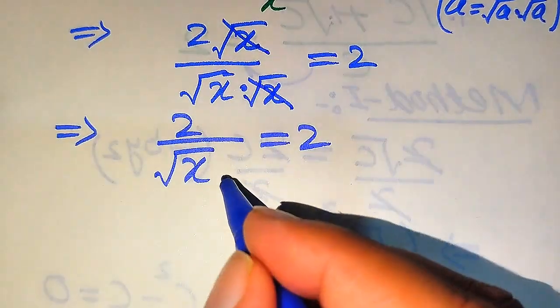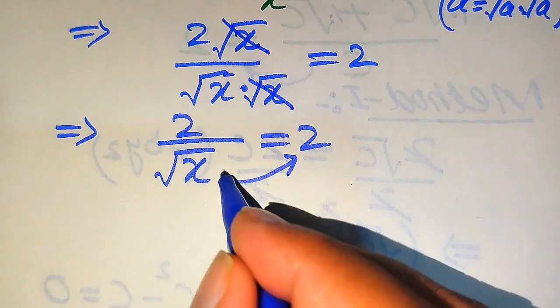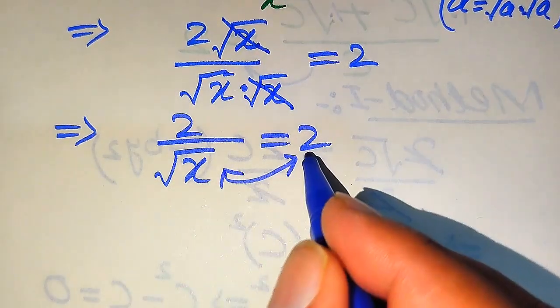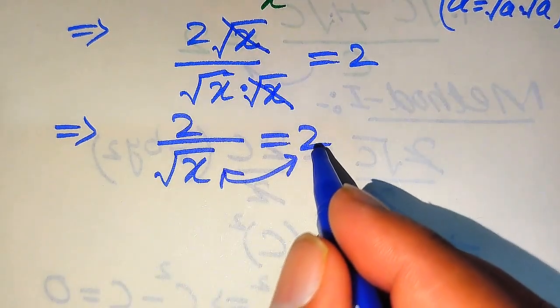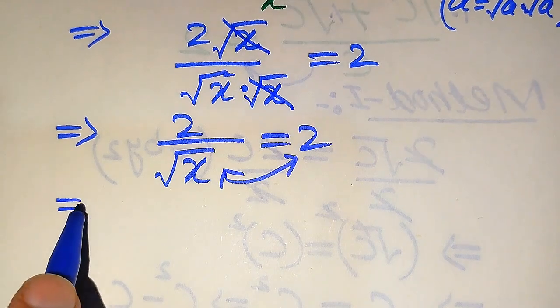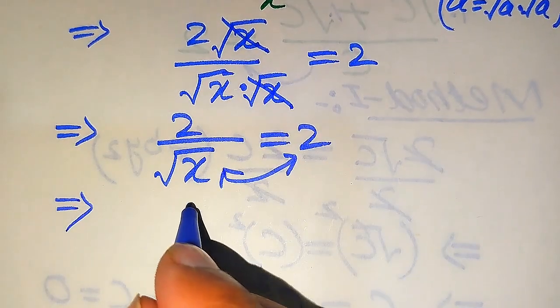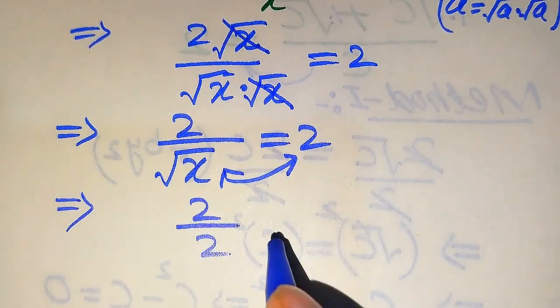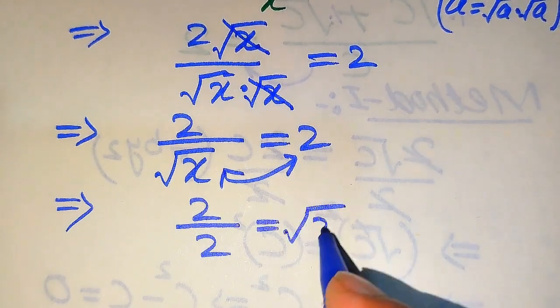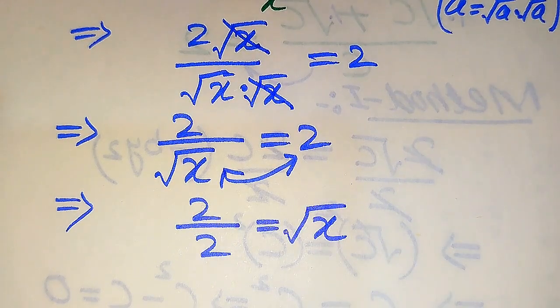And here we interchange these two values. We move this square root of x into the place of 2, and we move this 2 into the place of square root of x. So when we interchange these two values, it becomes 2 divided by 2 equals square root of x.